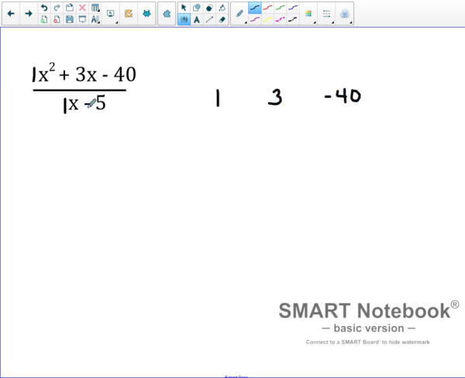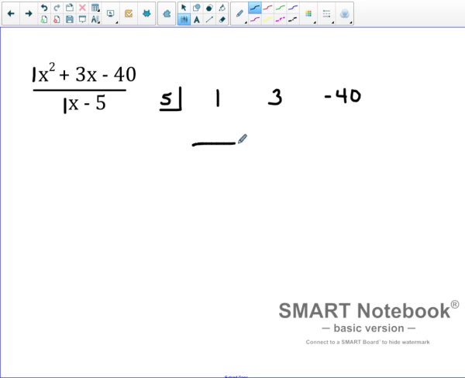Okay, and then we're going to write another number out here, and we kind of make this little box like this, and we're going to put another number in there, and the number that we put in there is the number that would make this polynomial on the bottom equal to 0. Okay, so if I put in 5 for x, this would make this 5 minus 5, that would be 0. So I want to put in the value for x that's going to make that 0. So in this case, I'm going to put in 5.